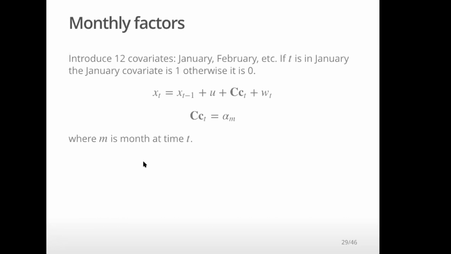And if I'm not in January, it's going to be 0. If I'm in February, the February covariate is going to be 1, and it's going to be 0 otherwise. So there are going to be 12 of them. It's going to be a column that's all 0 except a 1 in the row for the month.